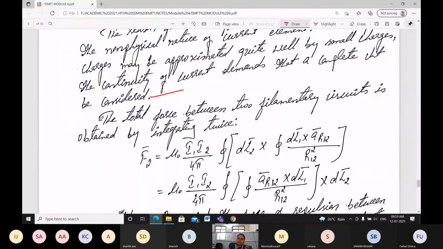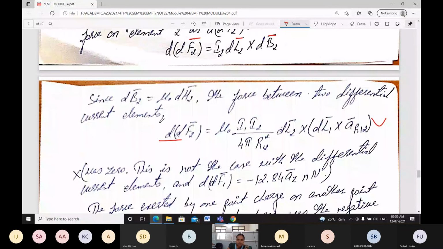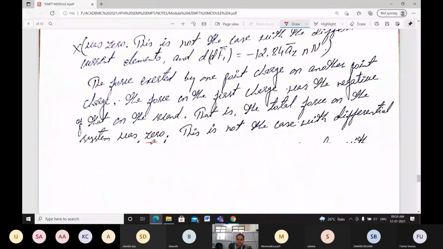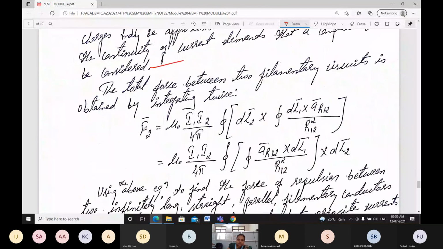Therefore, the total force between the two filamentary circuits is obtained just by integrating. Here, since there is a double d, you have to integrate twice. Therefore, F2 is equal to mu naught I1 I2 divided by 4 pi, closed integral dL2 cross closed integral of dL1 cross aR12 divided by R12 square.